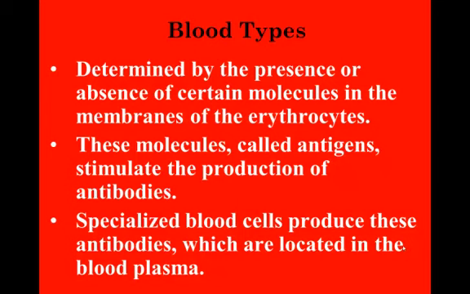First of all, they were discovered by Carl Landsteiner back in 1901. What he found was that there were these molecules that are now called antigens, and that there were two of them on the lining of red blood cells.